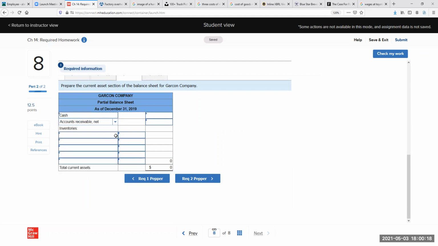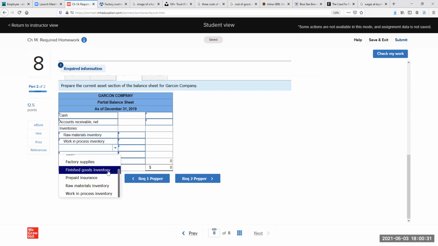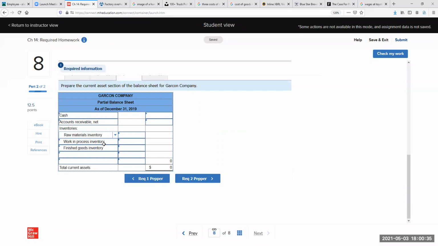And then in your inventory, remember, how many different kinds of inventory do you have? Raw materials, the ones you're working on, and the ones that are finished. So you have 3 types of inventory: raw materials like lumber, houses that are halfway built, and houses that are completely built. And that'll be your total current assets section.